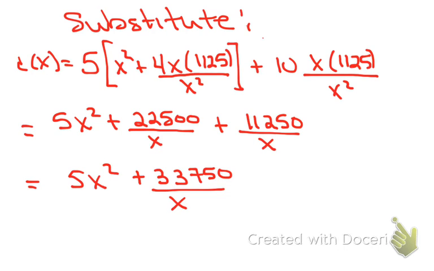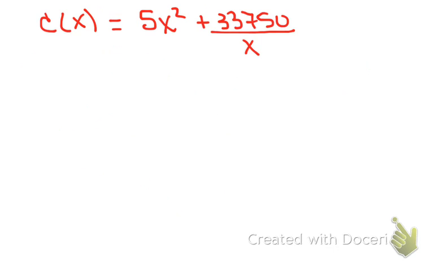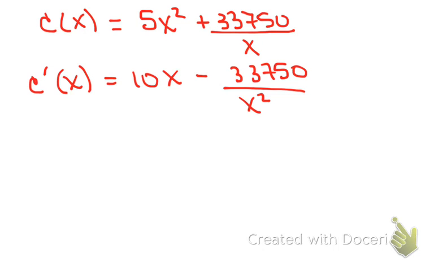We then simplify and we get that 5x squared plus 33,750 over x is the cost after we substituted in our constraint, which was y equal to 1125 over x squared. So our cost is now 5x squared plus 33,750 over x.